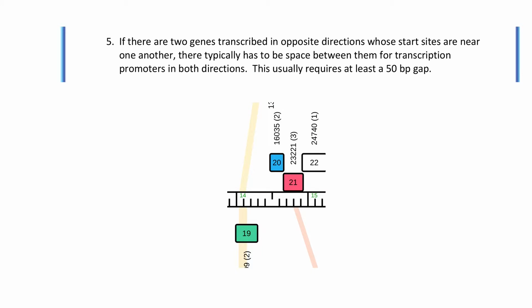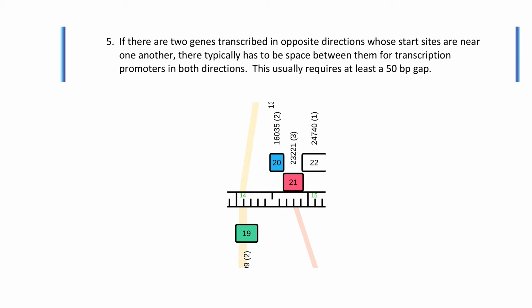If there are two genes transcribed in opposite directions, for example, GP19 of Sally Special is a leftward transcribed gene because it's on the bottom of the map. These genes 20, 21, and 22 are rightward transcribed genes. So this is an area of divergent transcription. Where you see areas of divergent transcription, there has to be a gap that's at least 50 base pairs or more.